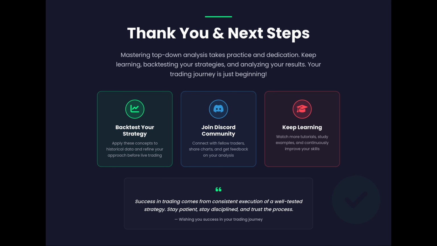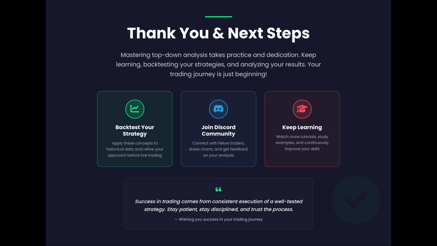Find traders who are genuinely helpful, who trade similar methodologies, who demonstrate consistent results. If you have questions, and you undoubtedly will, don't hesitate to seek answers, but always filter advice through the lens of your own backtesting and experience. What works for one trader might not work for you, and that's perfectly fine.